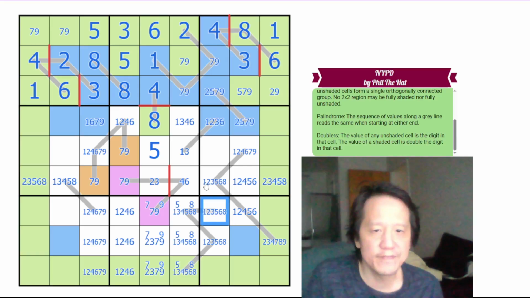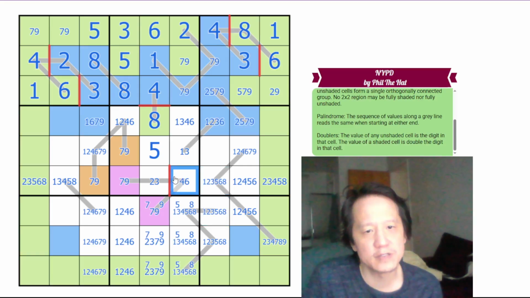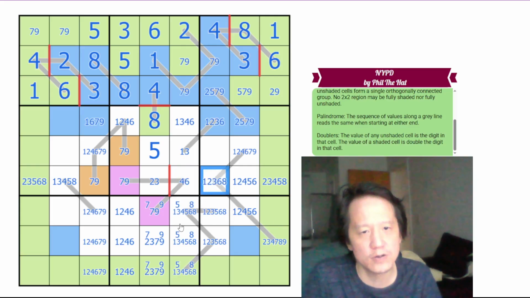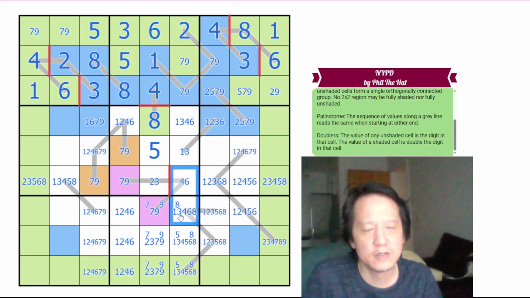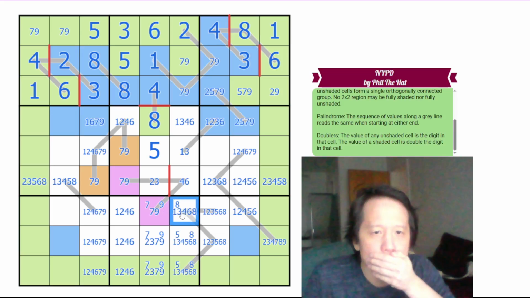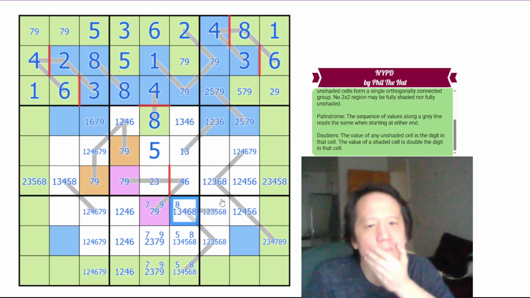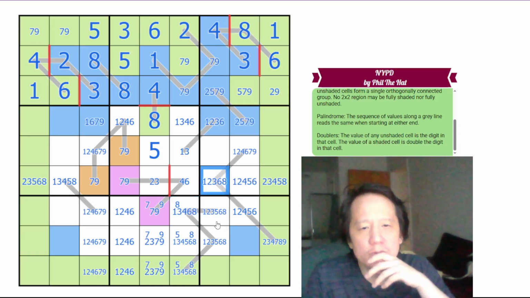This can't be 5 because it would be consecutive with 4 or 6, either one. So this can't be 5 here. This can't be 5 for the same reasoning. Okay, 5 is one of these two.